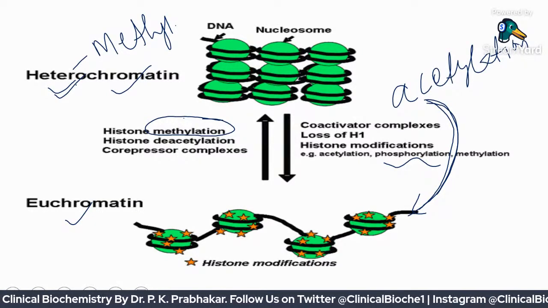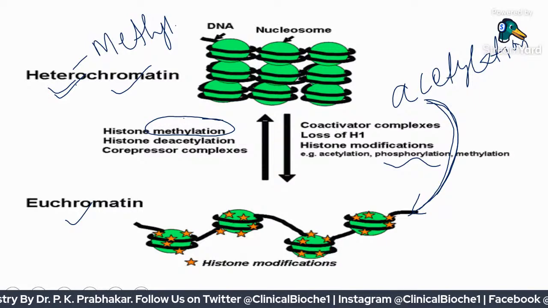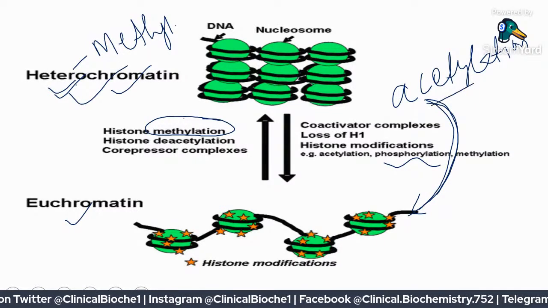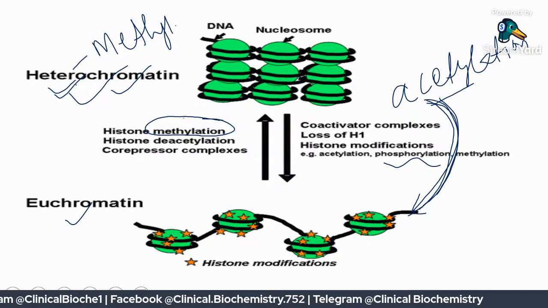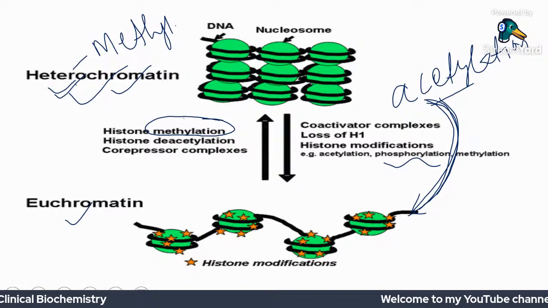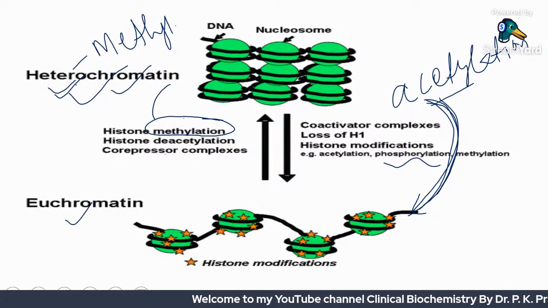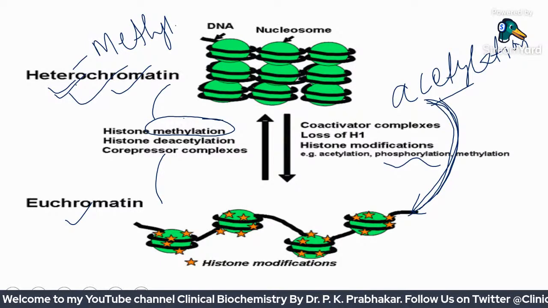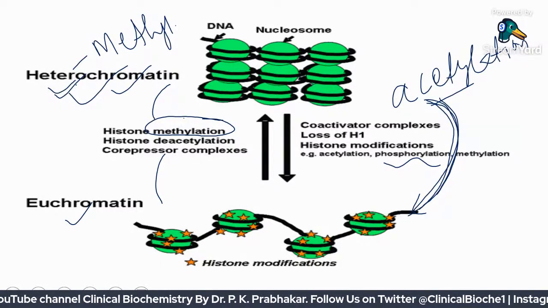Mainly remember: high methylation, heterochromatin; and acetylation, phosphorylation, ubiquitination, then euchromatin. This is broadly the chemical modification, but there are some exceptions also. Sometimes methylation does this, sometimes methylation goes the other way. It depends on where we do the methylation, where the methyl group will be added.